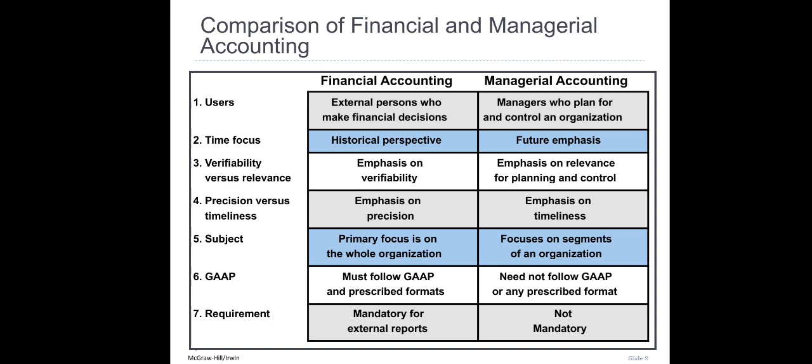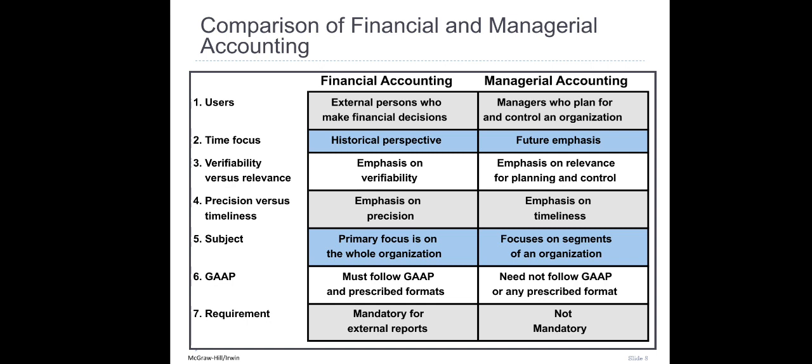Another one that I want to discuss is number 4 in this slide: precision versus timeliness. Remember this. For financial accounting, the emphasis is on precision. When you learn financial accounting, you have to record everything precisely and accurately. You have to debit an account and credit an account with the same number.